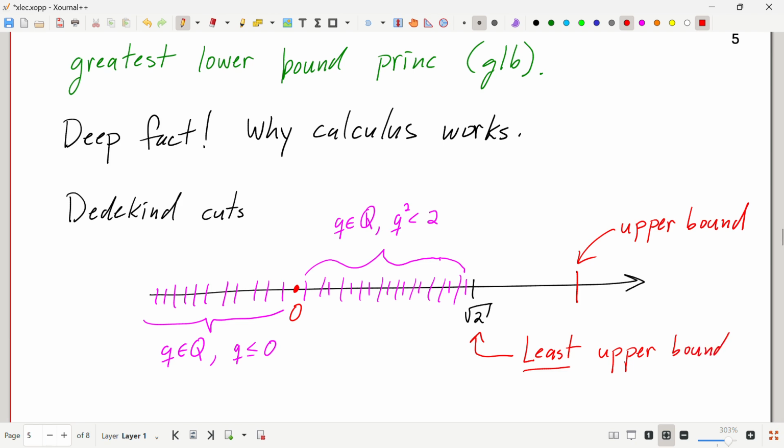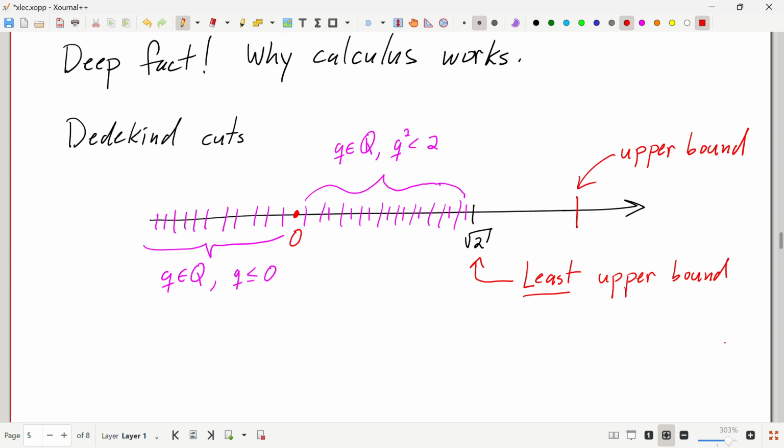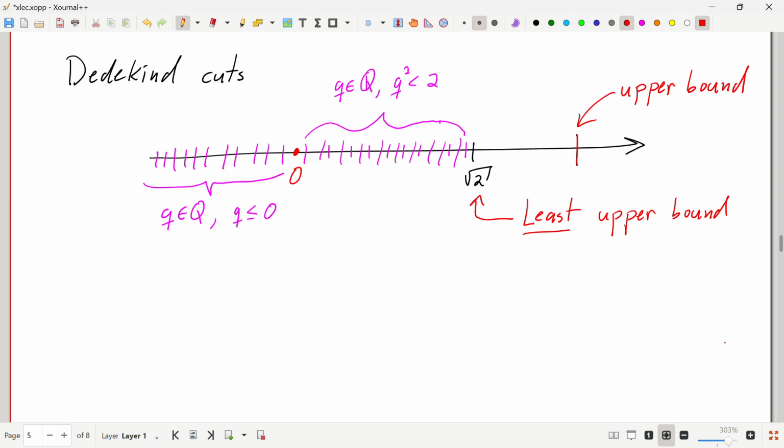And I can't slide it any further. As soon as I slide it just a little tiny bit more, then there's going to be purple lines between where I get it and the square root of 2. So it's not an upper bound anymore. All right? That's a least upper bound. And let's say that's a square root of 2.